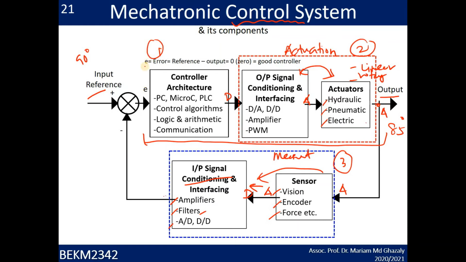The error is actually the reference minus the output. So you have 90 minus 85, so the error is 5 degrees. Based on this, the control architecture will try to reduce the error, so that the output is equivalent to the input reference.